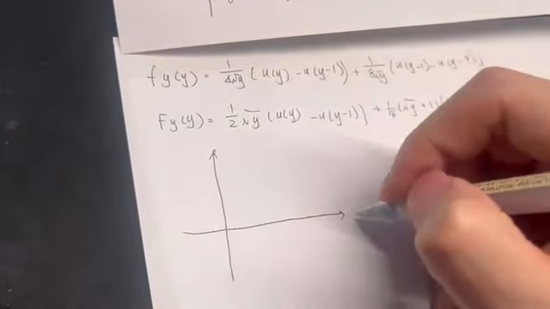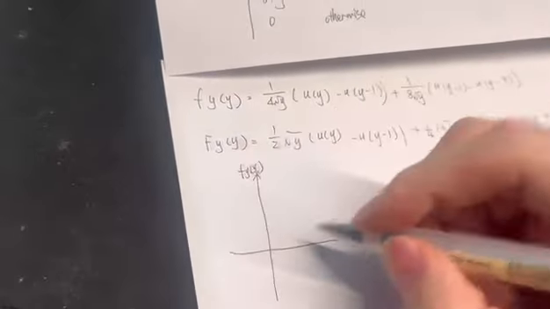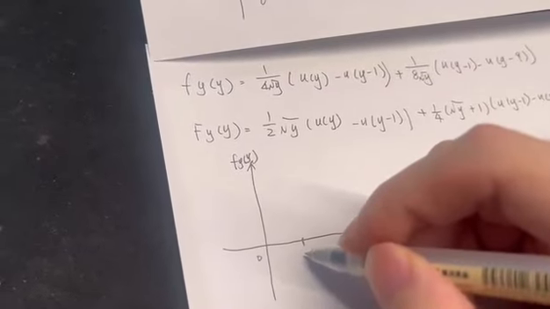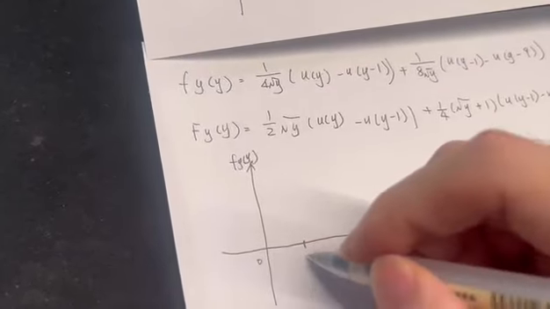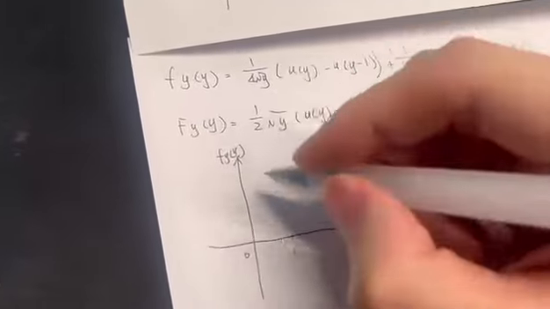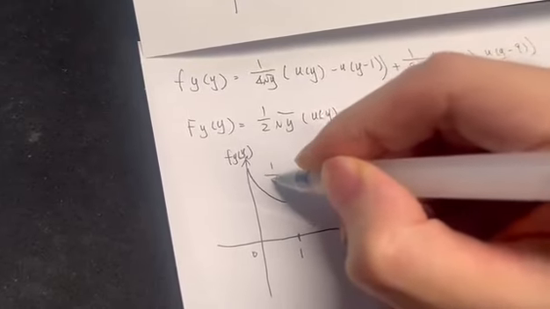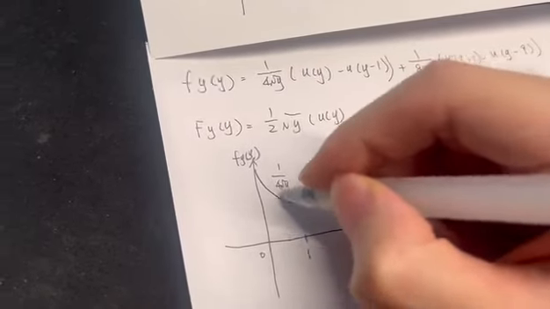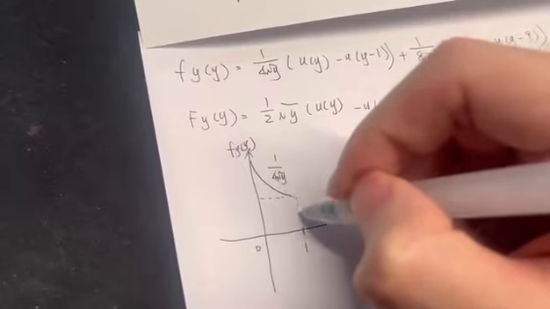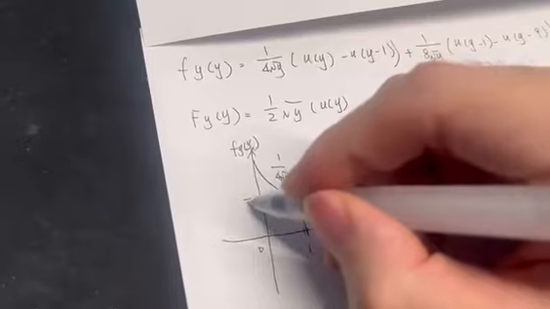So first I'm going to draw the density function for Fy. So at the range from 0 to 1, it will look like this, and its value right here where it intersects when y equals 1 is 1 divided by 4.